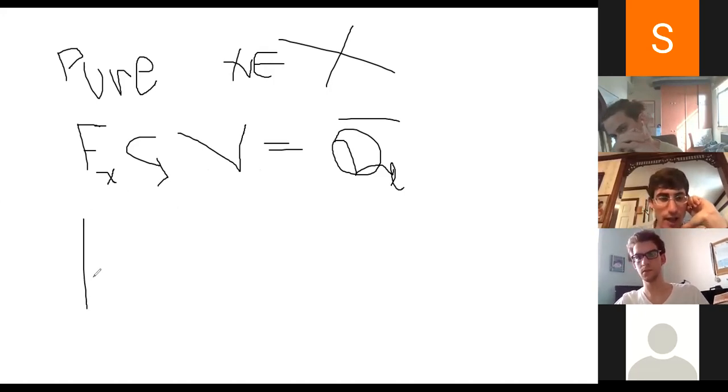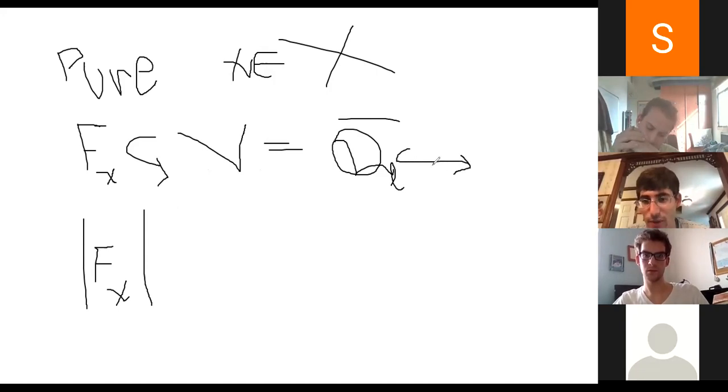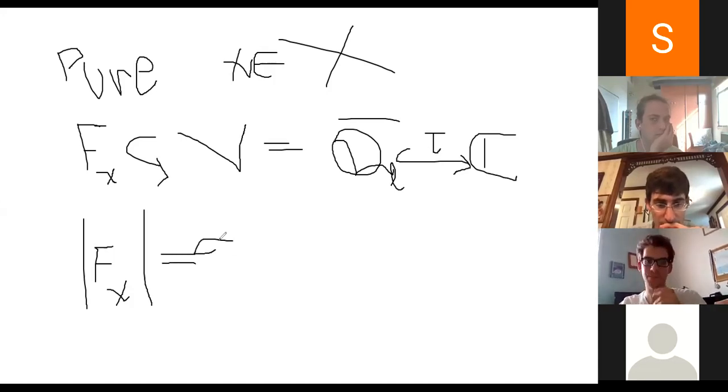I want to say that the absolute value of Frobenius, by which I mean, choose an embedding into the complex numbers, and then the absolute value of tau of Frobenius, should be q, the size of your finite field, to the beta over 2, for some beta.